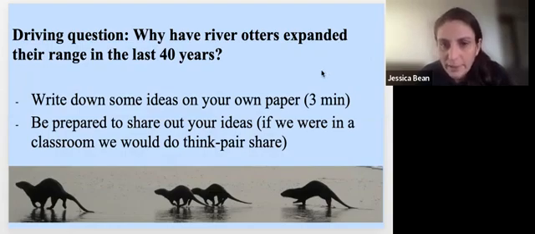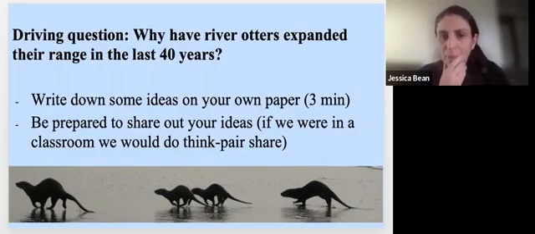Okay, I'm seeing less hunting, food source or water source changes in the food chain. Okay, a lot about food, interesting. Anyone else? Climate change, different temperatures, yep. So what are the conditions under which they're living? Yep. Anything else that we want to consider here?